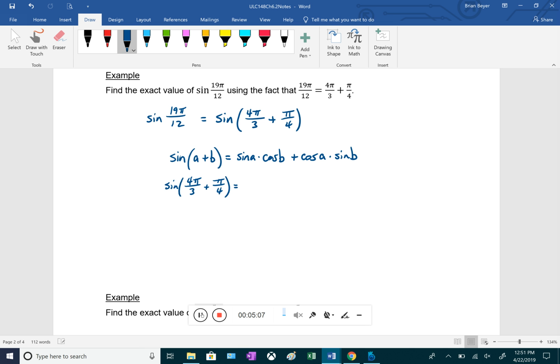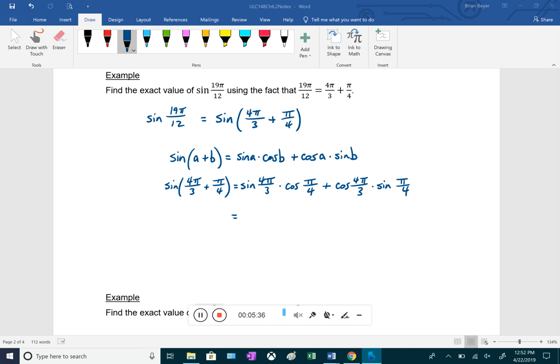So 4 pi over 3 is A, pi over 4 is B. It actually doesn't even matter which one you choose to be which because it is addition in this case. So it's going to be sine of 4 pi over 3 times cosine of pi over 4 plus cosine of 4 pi over 3 times sine of pi over 4.